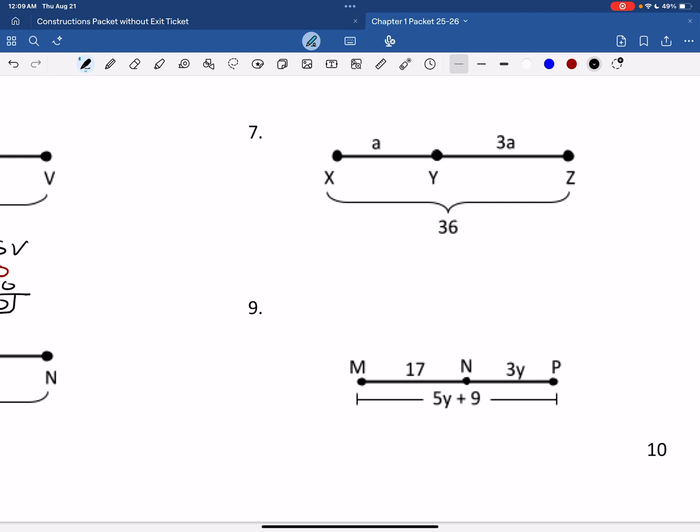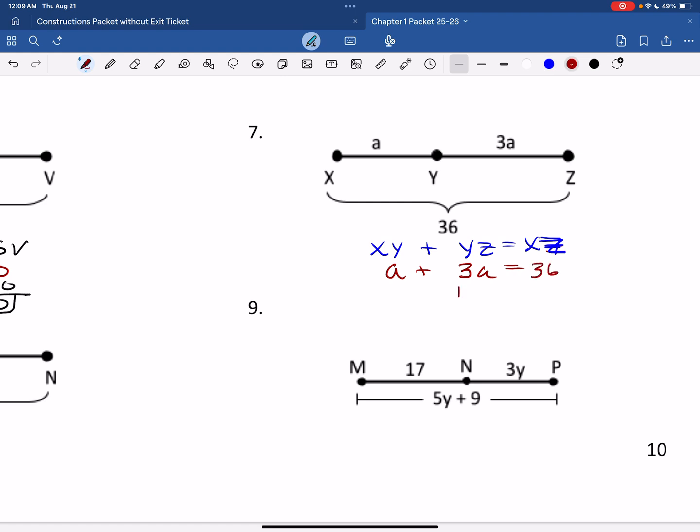All right, well, let's see what you got. First off, the equation we could write is XY plus YZ is equal to XZ. All right, XY is a, YZ is 3a, and XZ is 36.